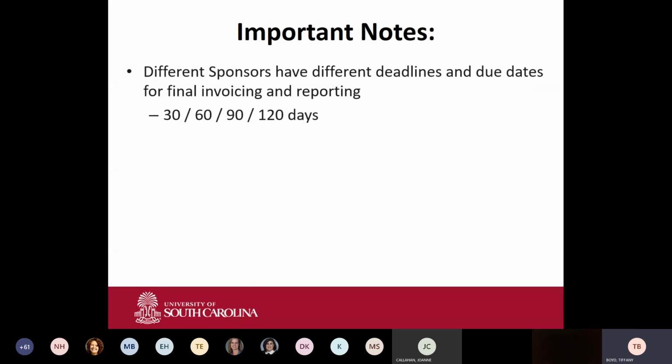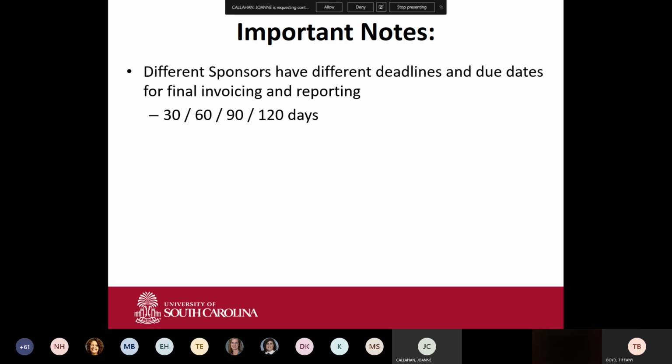So, important notes, as I've already mentioned, different sponsors have different deadlines and due dates for final invoicing and reporting. It could be 30, 60, 90. There's a few that might still have 120. We have a couple of state agencies that require the final invoice in 5 days. So you can imagine, if the department's not on top of it, there's no way we can meet that deadline, because the department doesn't even have 30 days to complete their confirmation.